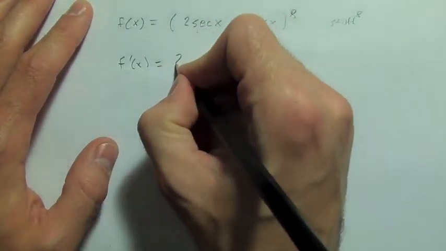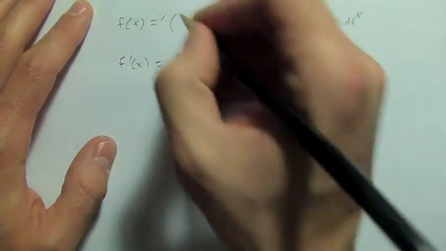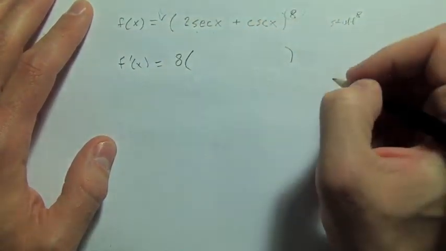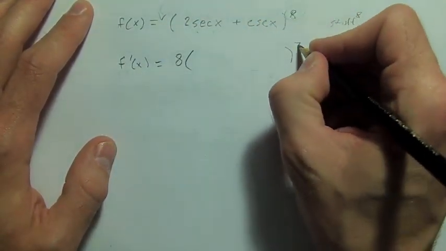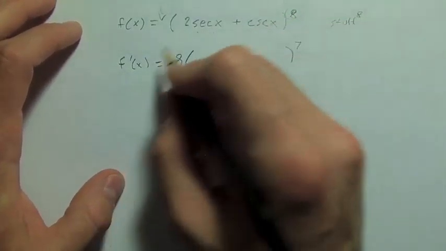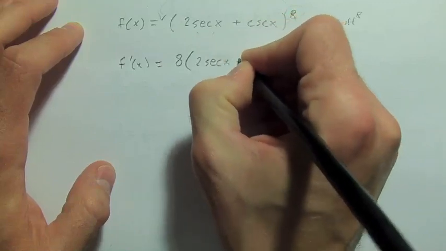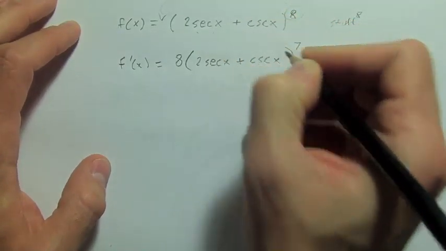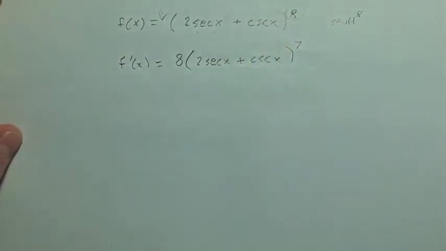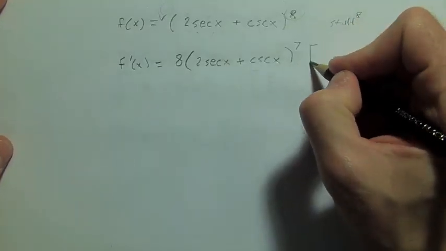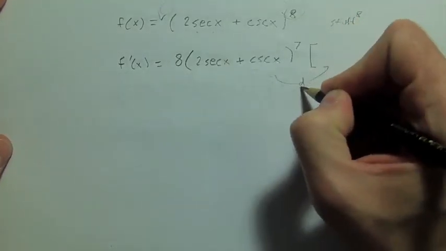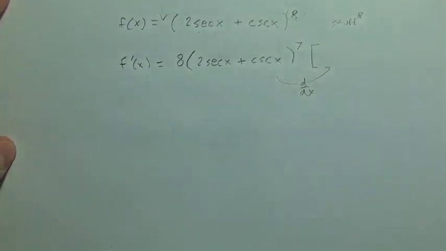So the derivative will be, I bring the 8 down, I'll copy the stuff down, then I raise the stuff to the 7th. And now that I've done this, I will go ahead and put the stuff in. Just verbatim, you just copy it. Then I'm going to put the derivative of the stuff in here.